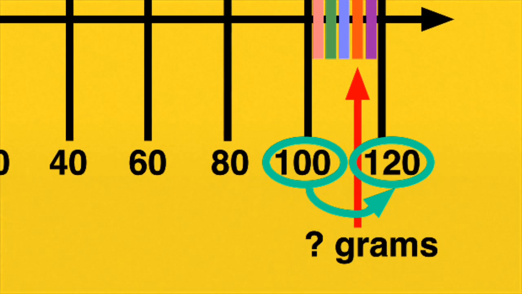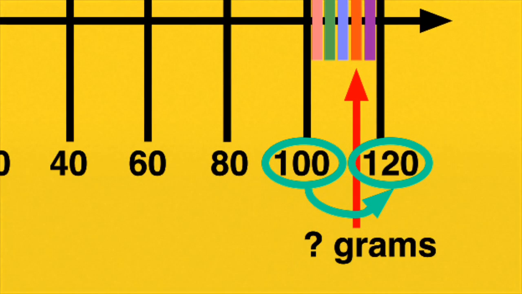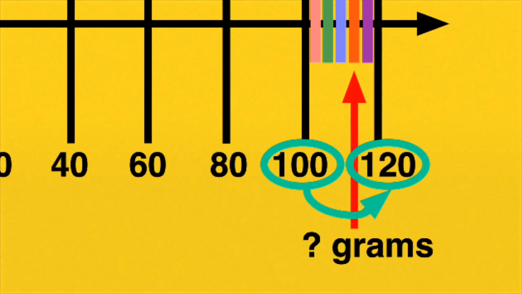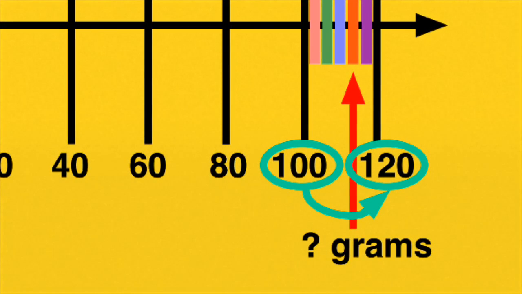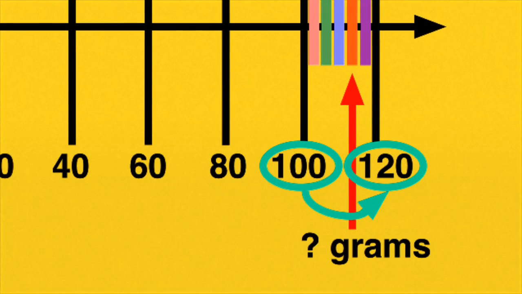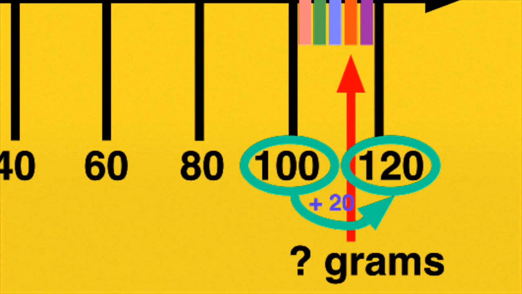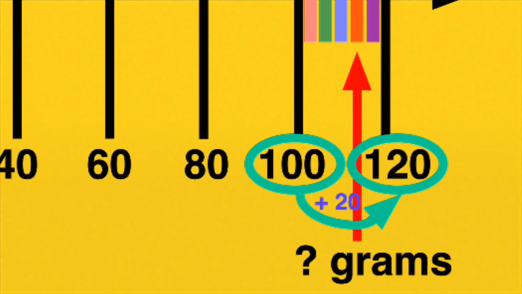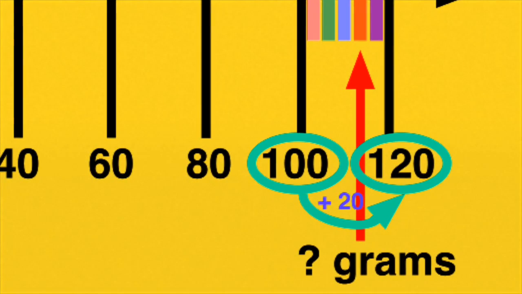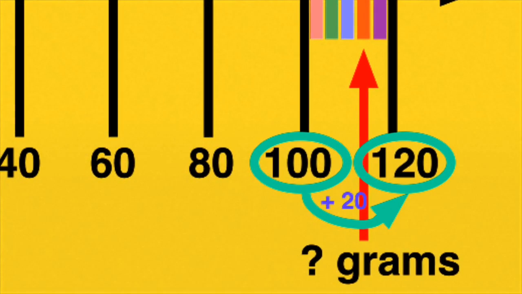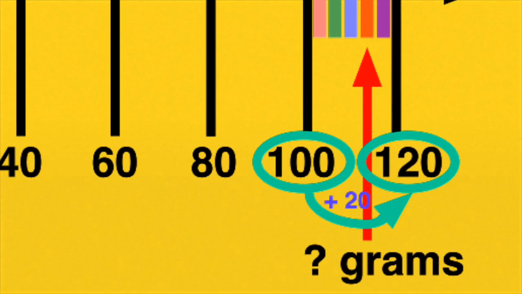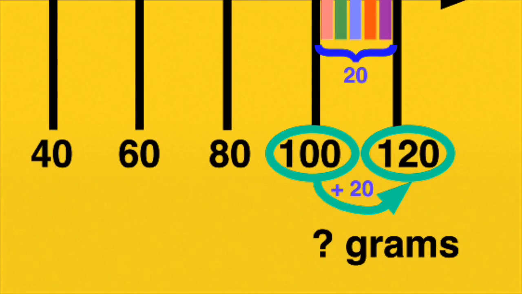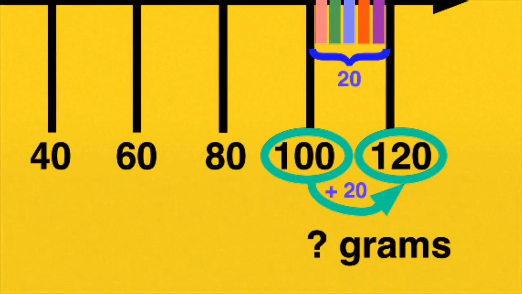We knew on the top in terms of ounces of the drink that it was 30 to 36, and we could figure out 31, 32. But we can do the same with the grams underneath, 100 to 120. How big is that gap? Of course, to go from 100 to 120 would be a 20 value gap. So all of those markers that I've already made correspond with something that would equal 20 when all of them are added together. So I know that all of my new markings put together will equal 20 grams.